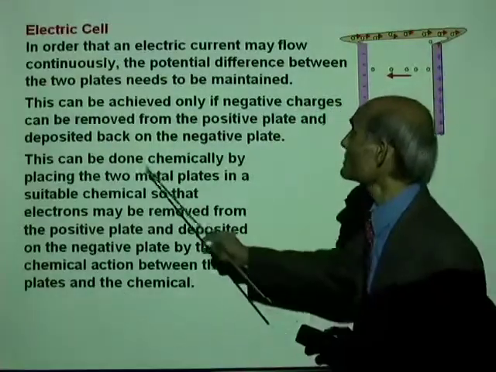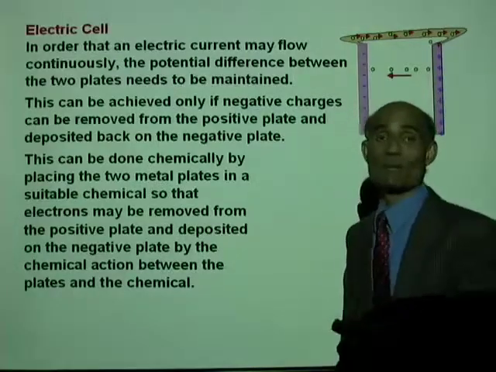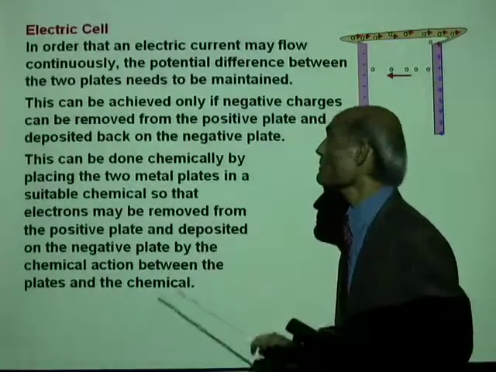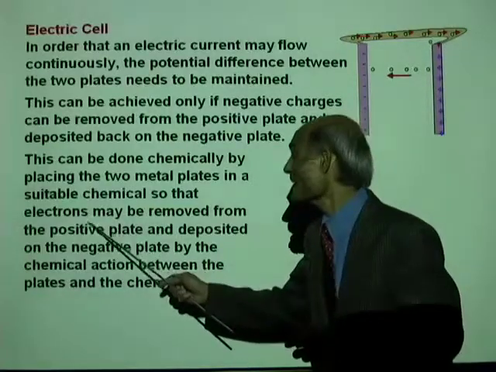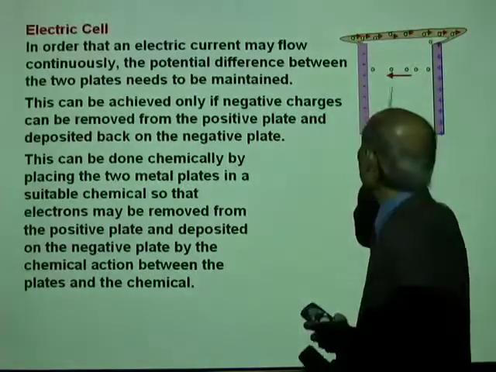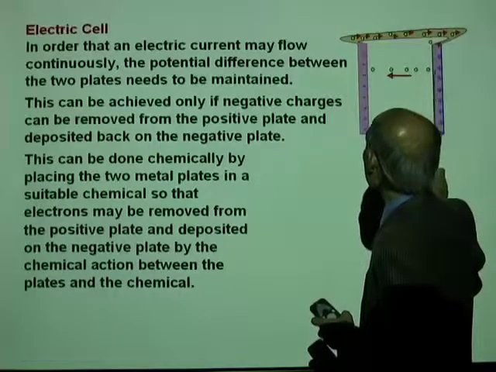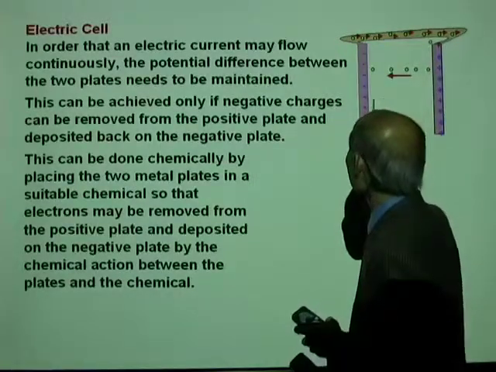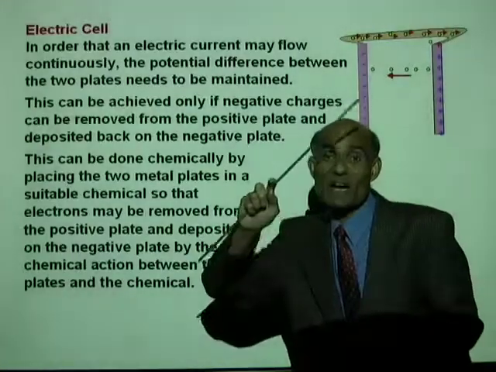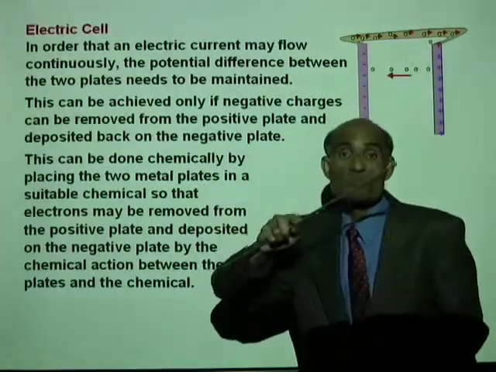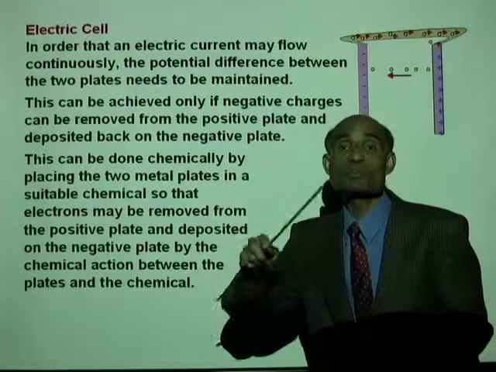This can be done chemically by placing two metal plates in a suitable chemical so that electrons may be removed from the positive internally and deposited back on the negative, so that the charges will now be moving in a closed path.